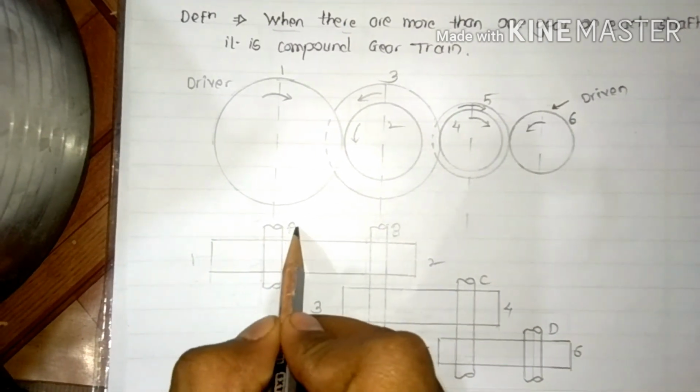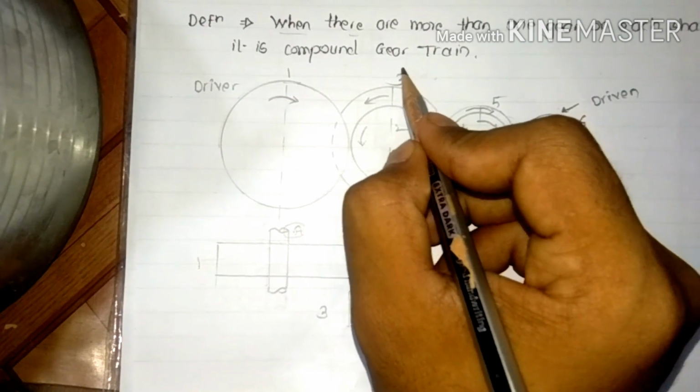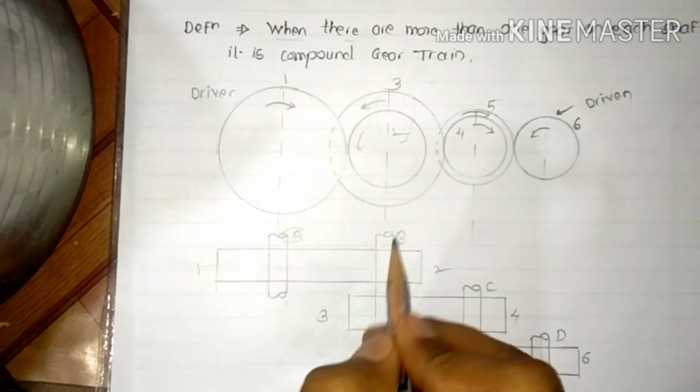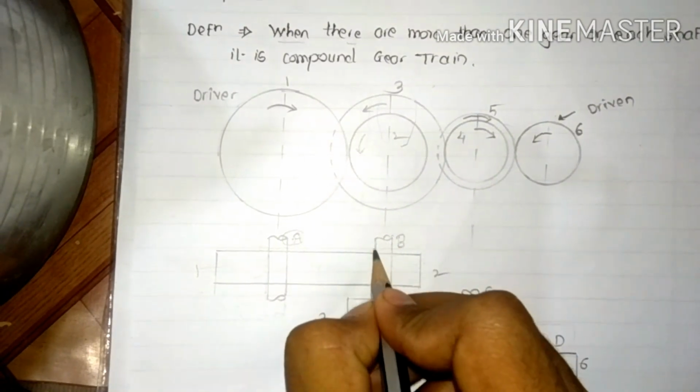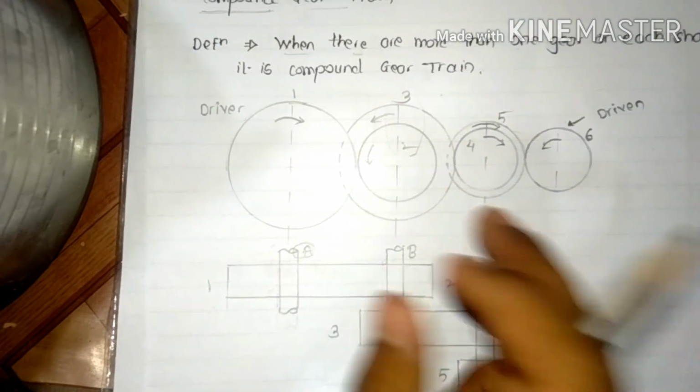Here is our first gear, which is mounted on shaft A, and here we have a compound gear, 2 3, mounted on shaft B, which is only one shaft; these two gears are mounted on this one shaft.